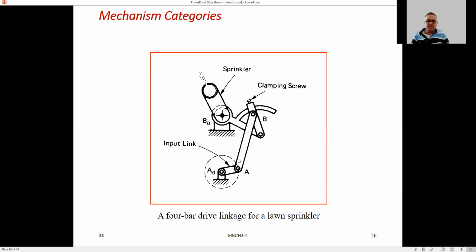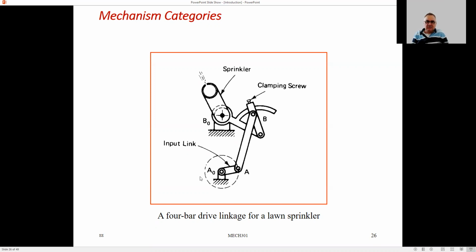Again, a 4-bar mechanism, which is a lawn sprinkler. Lawn sprinkler means when you have a lawn, you water it, but you have to move the water all around the lawn. Çim sulayıcı in Turkish, that is.